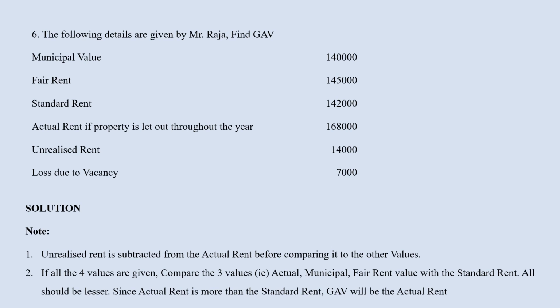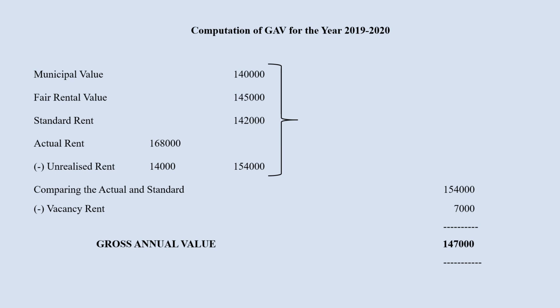Okay. Now going to the calculation, municipal value is given, fair rental value is given, standard rent is given for a year. Actual rent is 1,68,000, out of which unrealized rent is given as 14,000. So 14,000 you minus it from the actual rent. So the actual rent you have received in your hand for the entire year is 1,54,000 only.